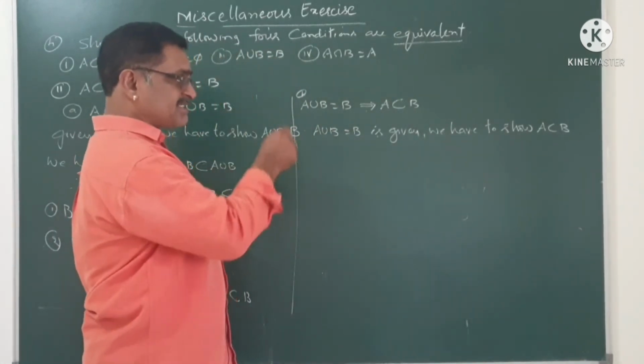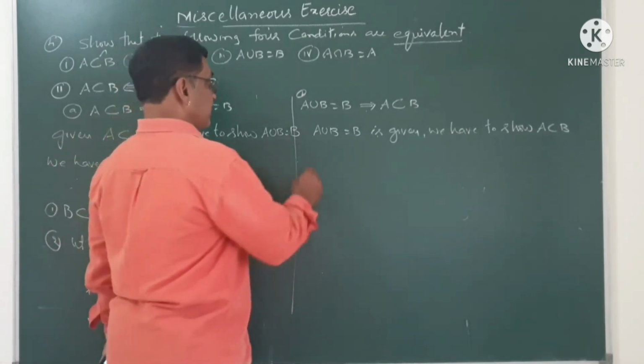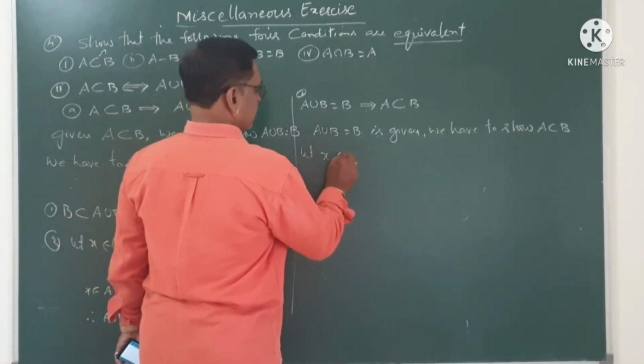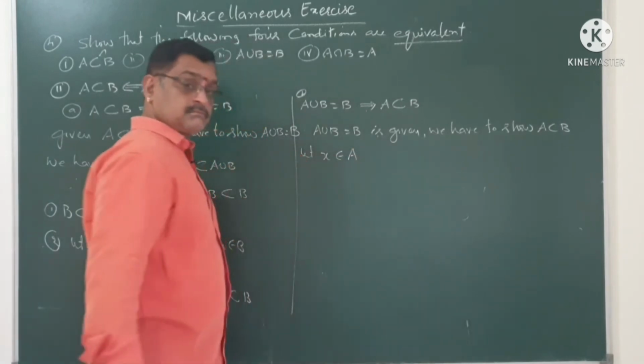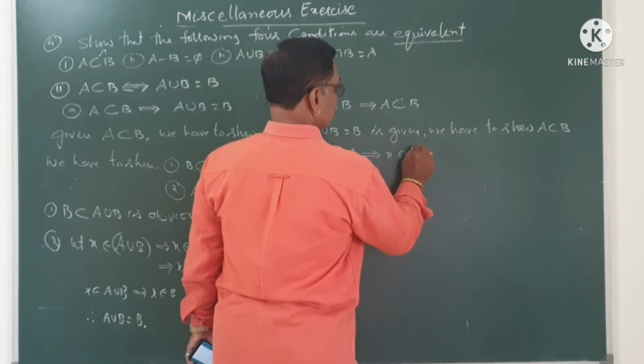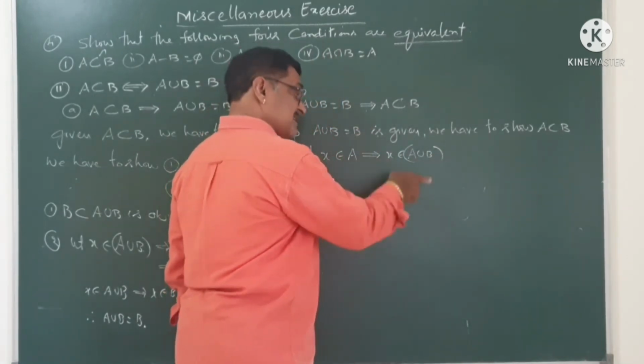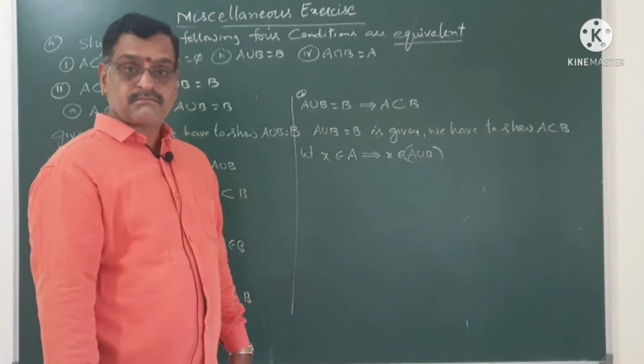If you take an element X in A, you have to show that the same element belongs to B. So let X belong to A. I can write X belongs to A implies X belongs to A union B. Why? Because A is a subset of A union B.